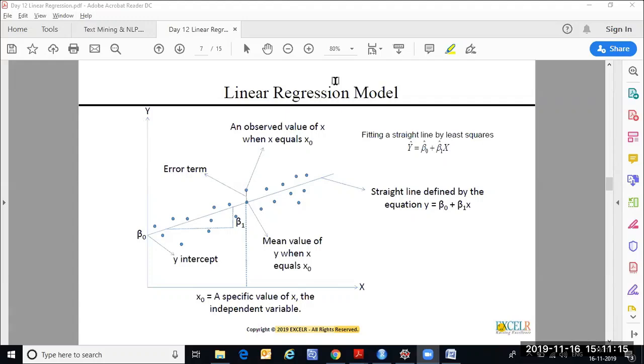Now, why are we talking about this distance now? The line which maintains the least distance with all the data points. How do I calculate the distance of a data point to the line?